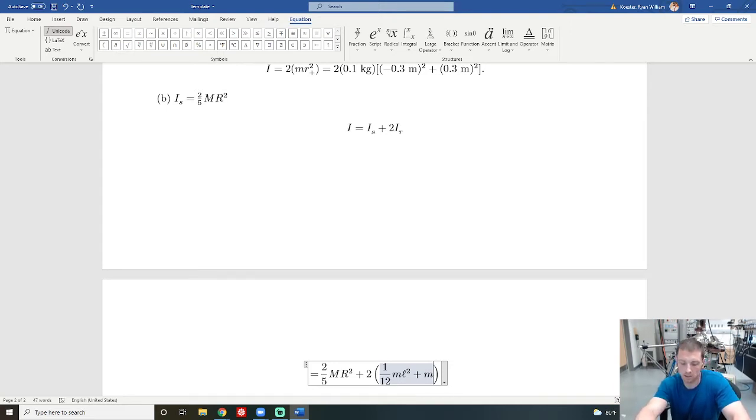And if you look at the sketch, I think you can convince yourself that this is just going to be big R plus L over 2, and then we have to remember to square this, right?